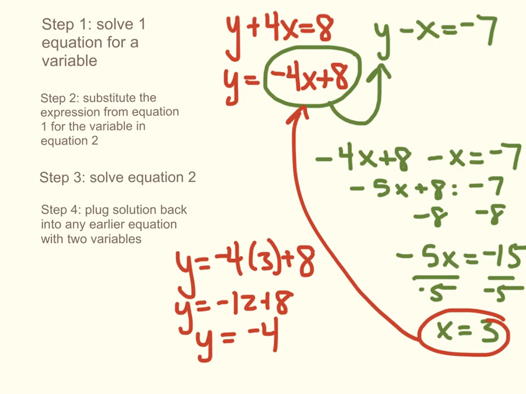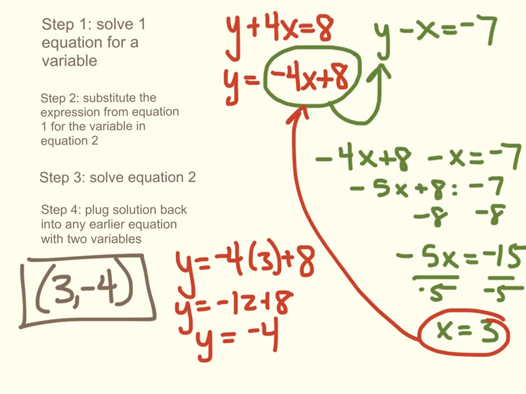There was not a lot of moving around of equations that I had to do. So now I've got my x and my y. So these two lines would intersect at the point 3, negative 4. And that's the solution to this system of equations.